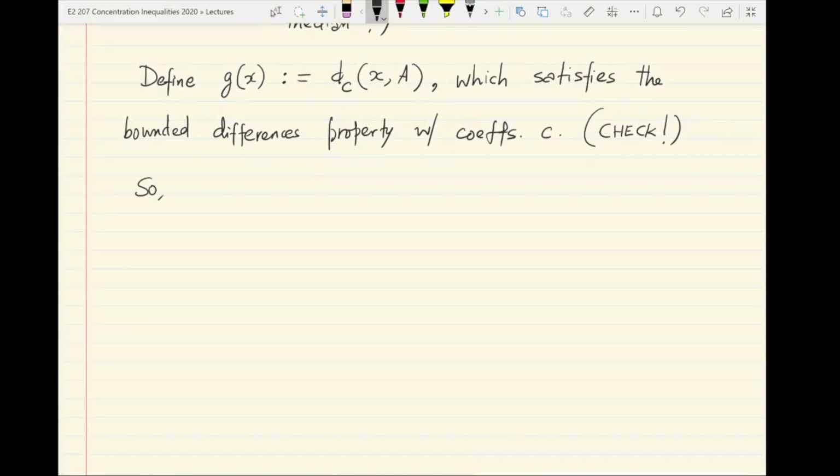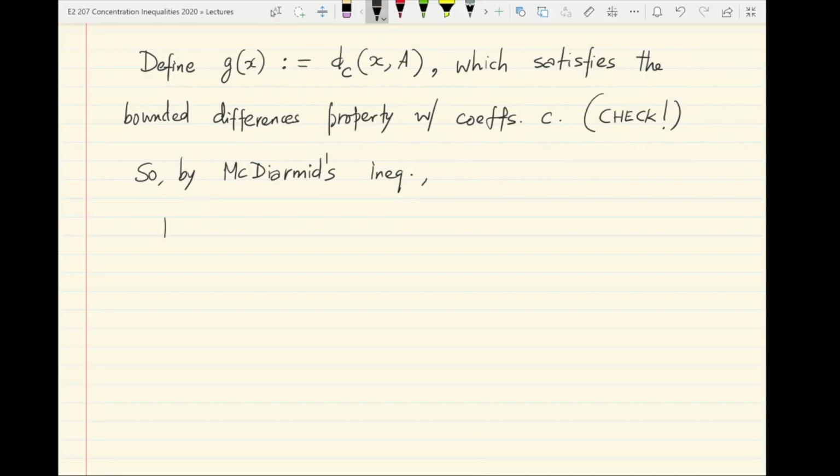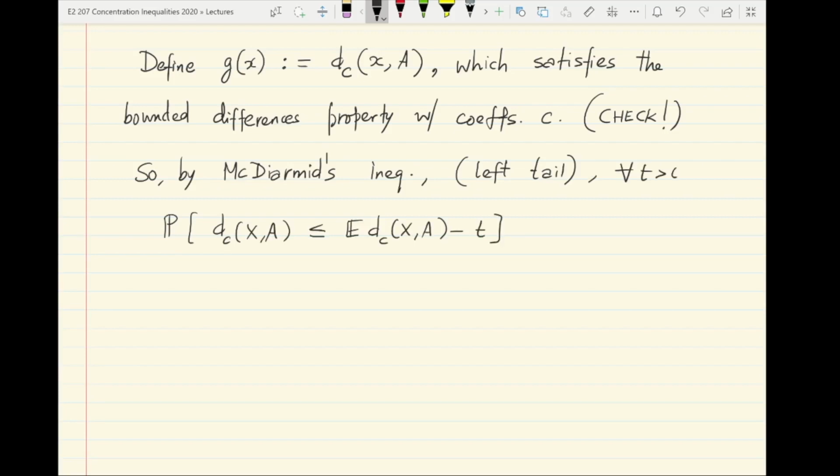So with this, by McDiarmid's inequality applied to the g function, for the left tail, we have that the probability that dcxa is less than its own mean minus t, for all t greater than 0, is at most e raised to minus 2t square by norm c the whole square.